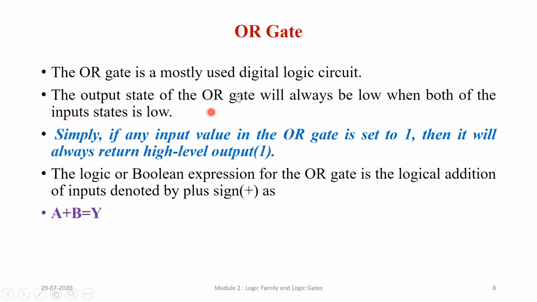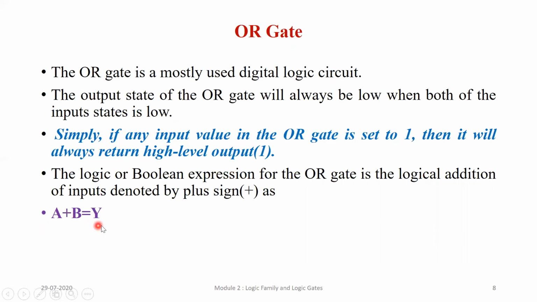Means if any of my inputs is 1, I will get 1 at the output. Only when I have two zeros, meaning all my inputs are 0, that is low, is my output low. So if any input value in an OR gate is set to 1, then its output is always 1.